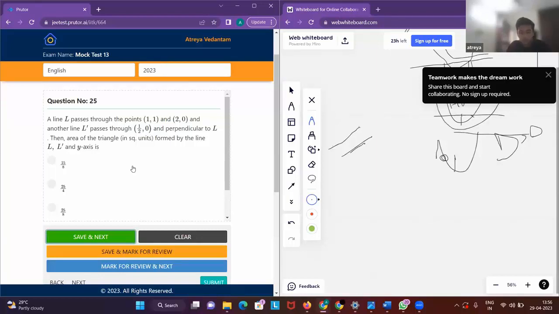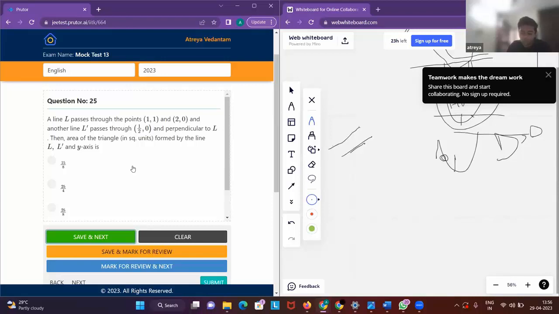Now where does L intersect the y-axis? Well, (0, 2), right? Where do L and L dash intersect? Well, that's a good question. So x plus y is equal to 2 is the other line. So if you just solve, right, x minus half is equal to 2 minus x, so 2x is equal to 2.5. 2x is equal to 5 by 2. x is equal to 5 by 4.